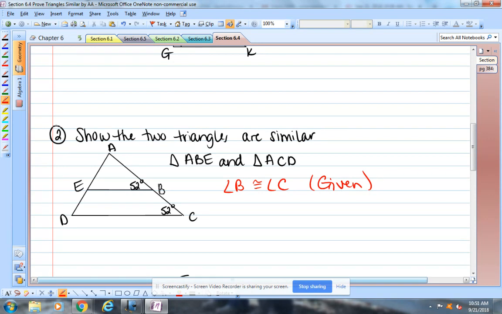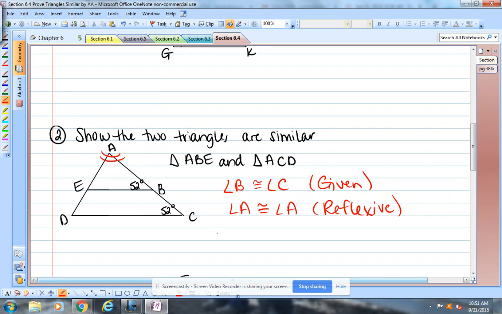What can I say about angle A? It's congruent to itself. How? Reflexive property. So now do I have two angles that are congruent from each triangle? Yep.